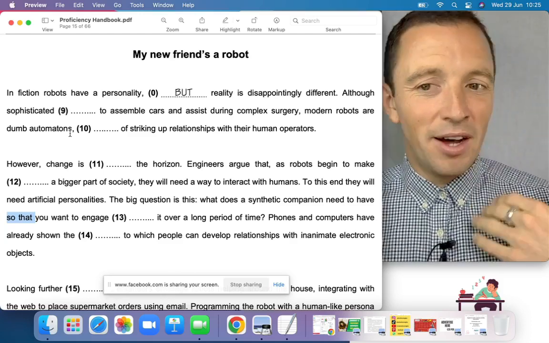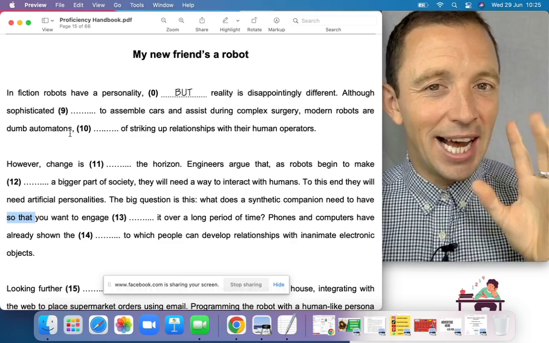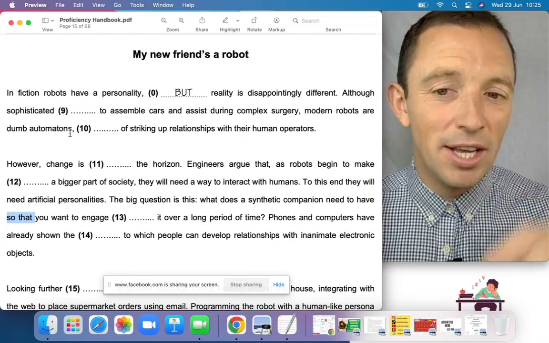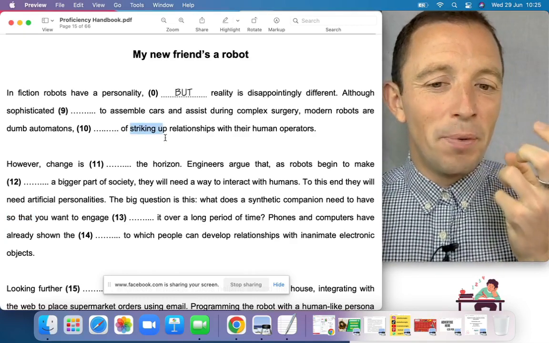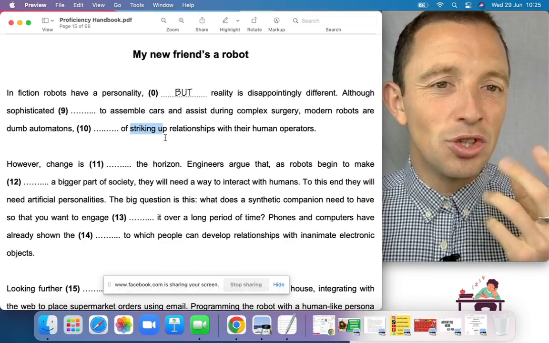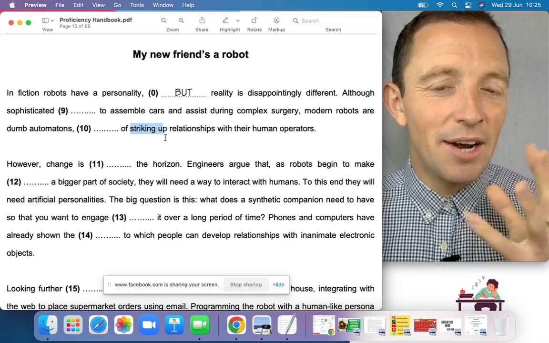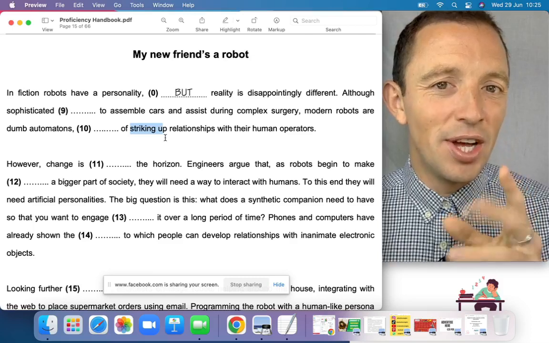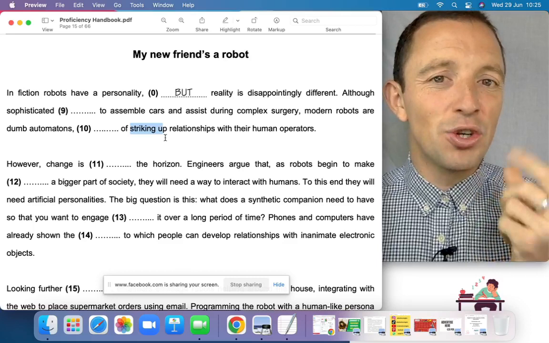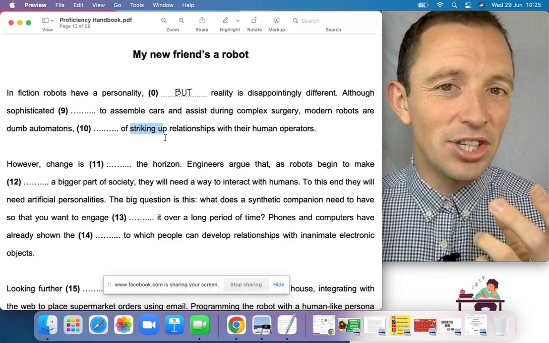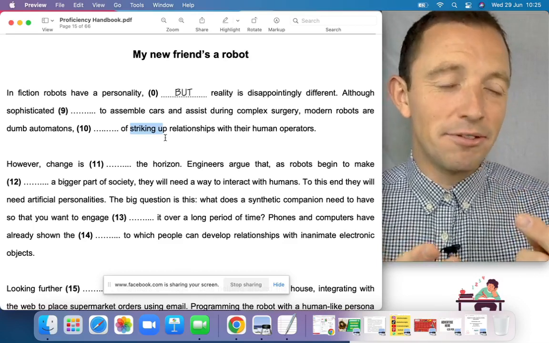Personally, I have the answer, I think, for number 9, and I have an idea for number 10 as well. Because it's a phrasal verb. To strike up a relationship has the significance to create a relationship, to establish a relationship, to strike up a conversation, establish a conversation, create a conversation because it originates from a match.